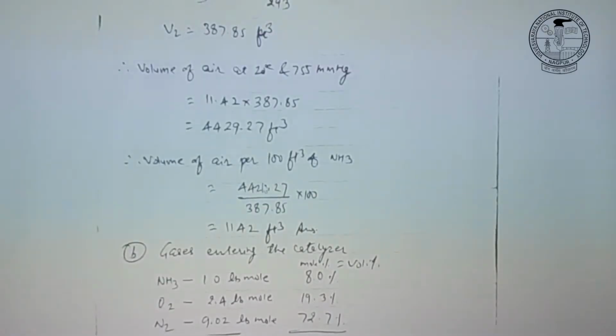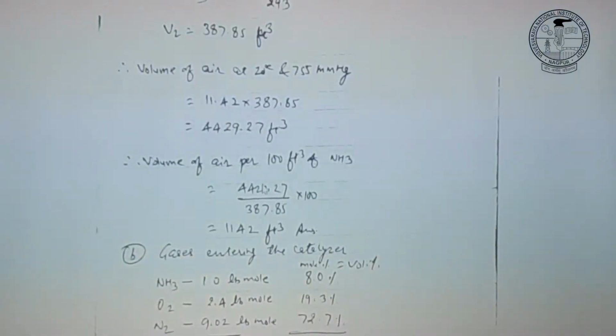So the volume of air per 100 cubic feet of ammonia comes out to be 1142 cubic feet. Just stoichiometric, elementary calculations. By elementary calculations you can find the volume of air per 100 cubic feet of ammonia. So 11.42 cubic feet of air we have to supply, at the given condition.